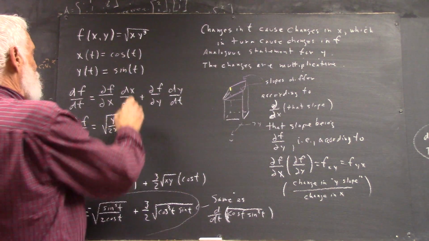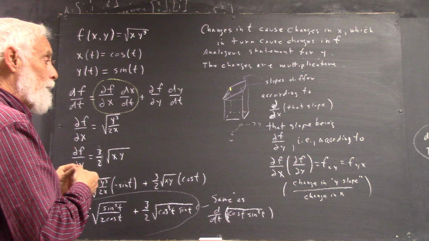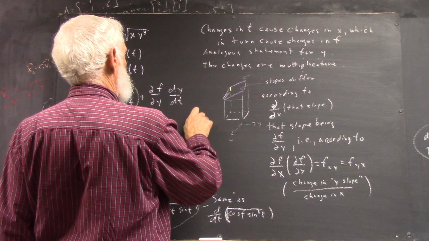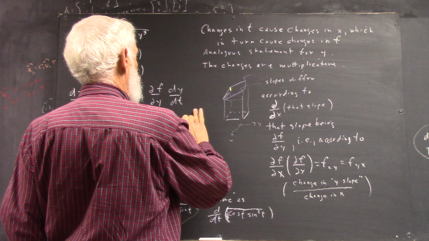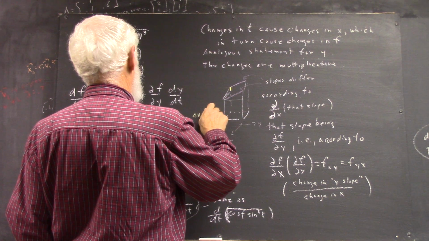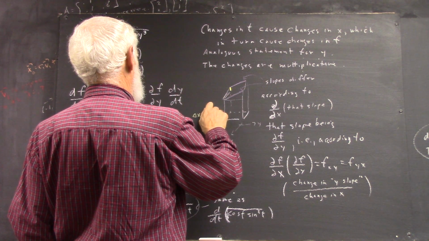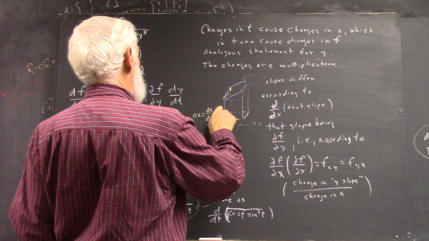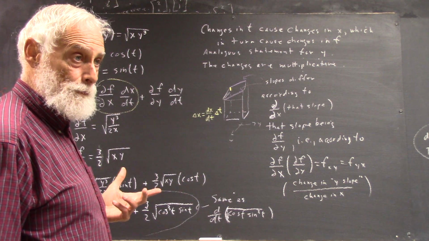Okay? See, that's this. Where your x change is dx dt times delta t, okay?